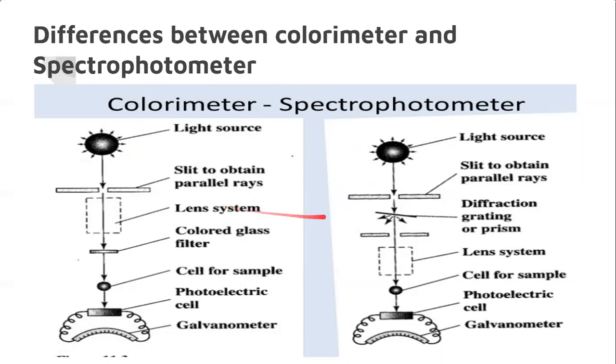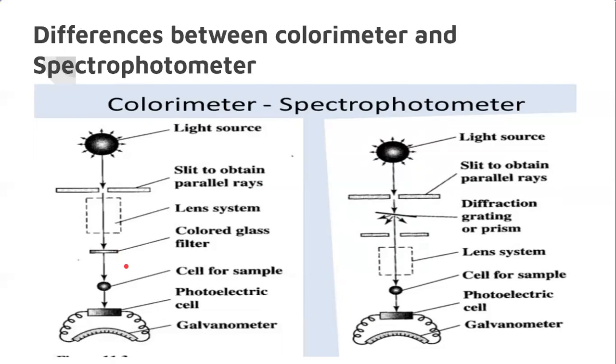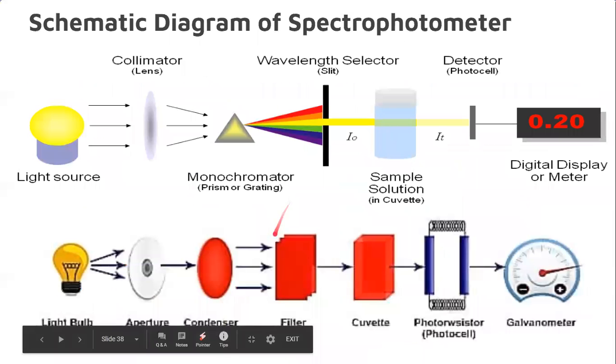A spectrophotometer has a rotating diffraction grating, whereas a colorimeter has only a filter, which sends only a selected range of wavelengths. In a spectrophotometer we can send the whole spectrum one after another through the slit using the rotating grating, and the remaining parts are the same. This is the schematic diagram of a spectrophotometer and colorimeter.